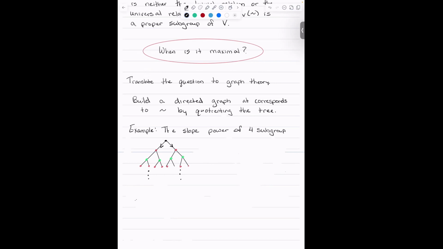So if I quotient this, the thing I get out of it is a graph that looks something like this, and this is what we're going to refer to as the type graph. We're going to want to think about this as a directed graph, again, with our distinguished vertex corresponding to the root of the tree. And so all things are emanating out of this one vertex.